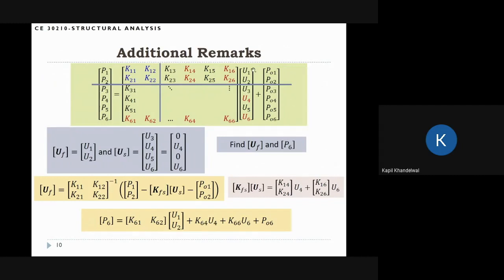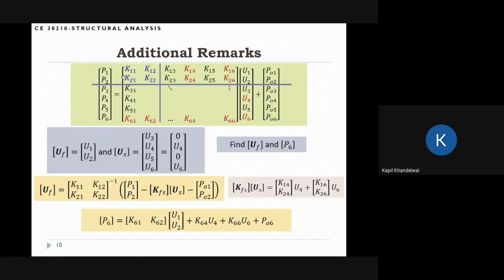This is always the case. So you will have some unknown displacements, some supported displacements, and this PO vector might be there, might not be there. And these are the support reactions that are always unknown. And these are the nodal forces that are given. So this is always the case.